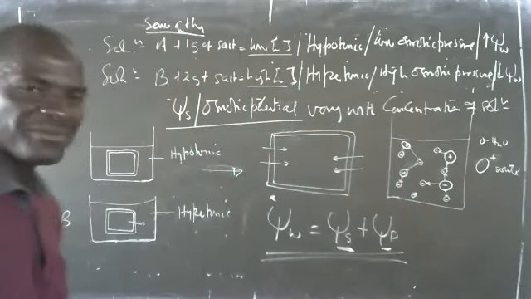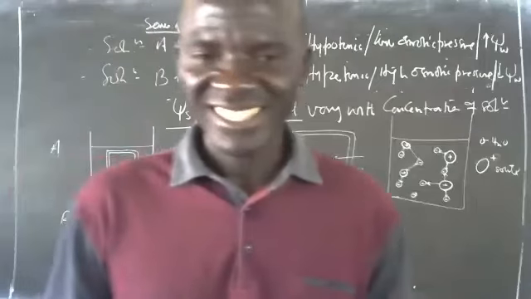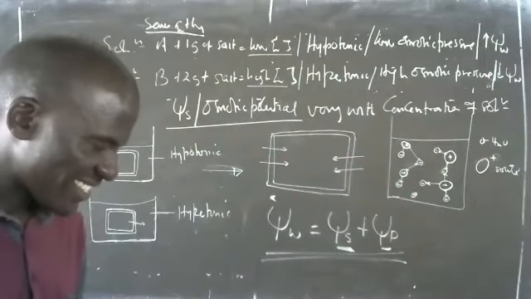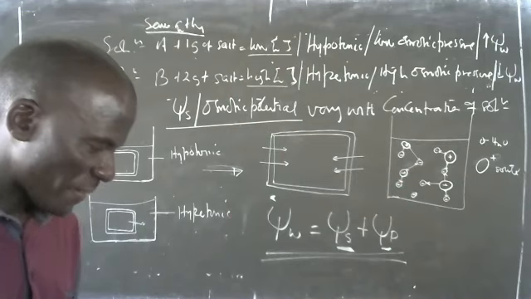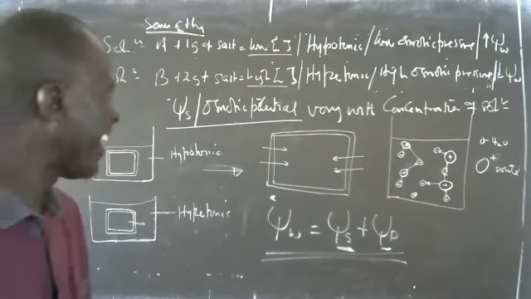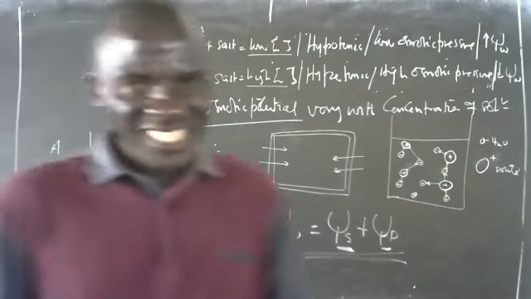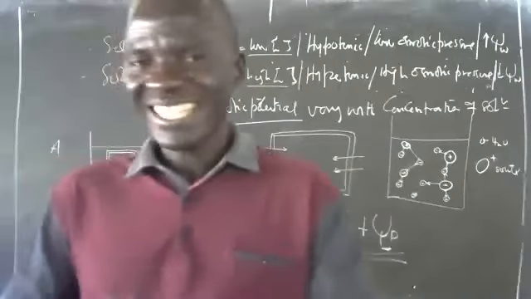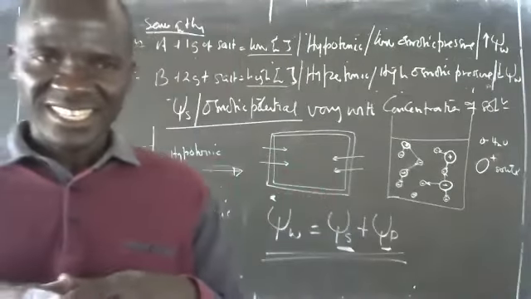No, thank you, teacher. What's the difference between osmotic potential and osmotic pressure? Osmotic pressure, we have talked about it here. I say the osmotic pressure is just about the concentration.